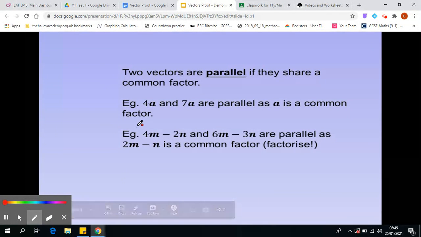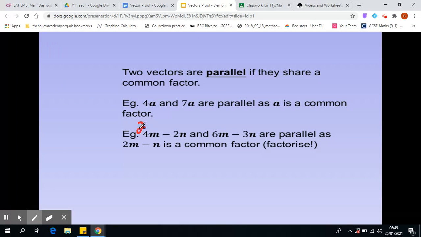We can factorize the algebraic expression, taking 2 out, which gives us 2(2m minus n). Similarly, factorizing the second, take the highest common factor, 3, which would give us 3(2m minus n). They are parallel to each other because they have a common factor, which is 2m minus n.